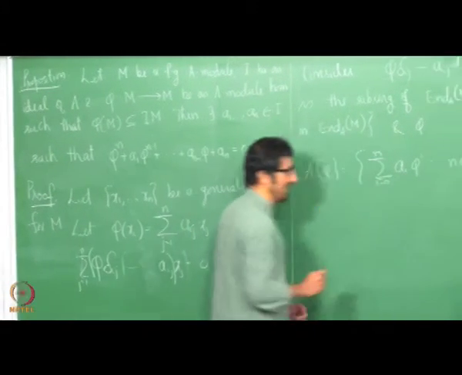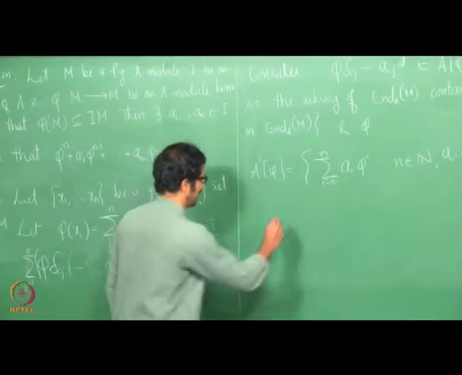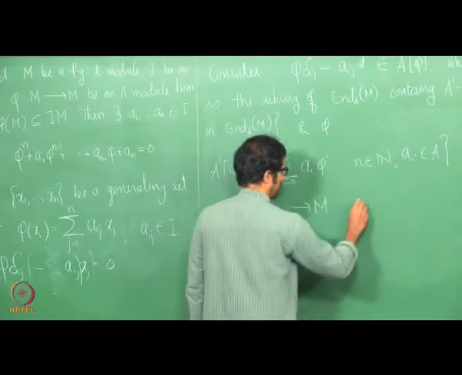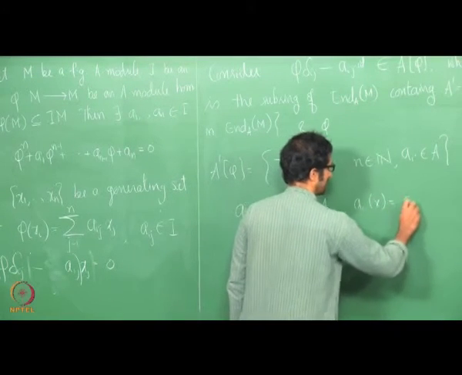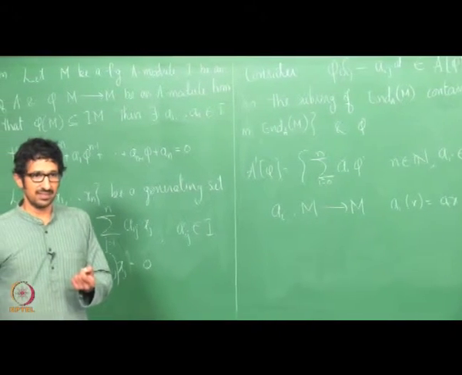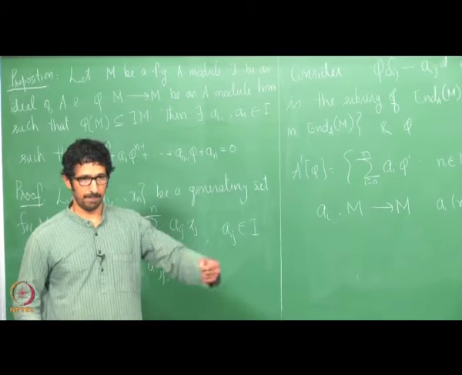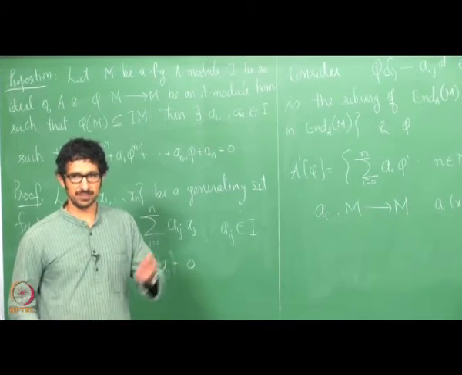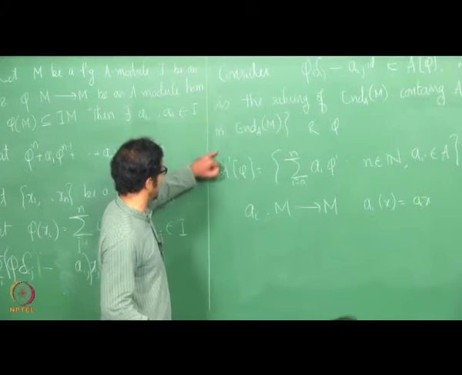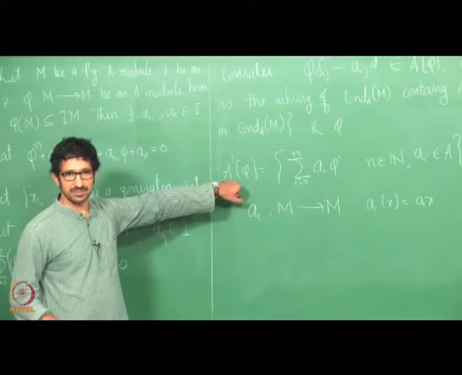See, every element ai is a multiplication map from M to M, the map ai of x is ai x. So every constant can be seen as the constant multiplication map, multiplication by that constant. That way I have the image of A inside the endomorphism ring.